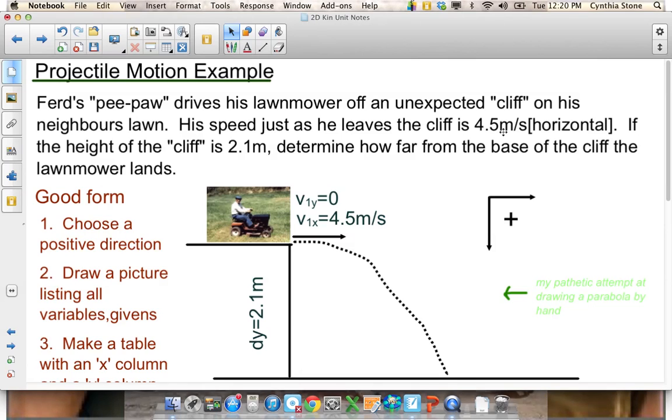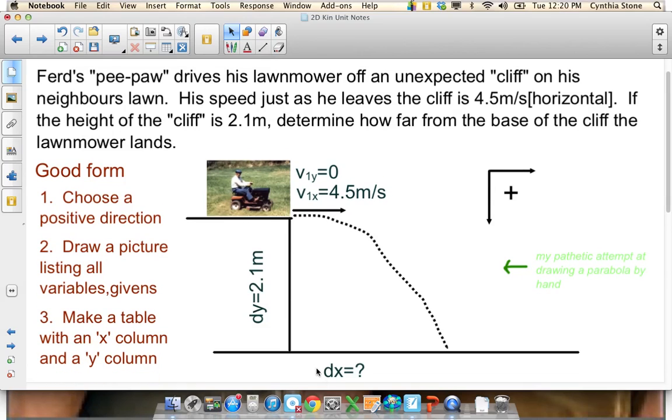So he's driving along at 4.5 meters per second. He's moving horizontally, and then he falls 2.1 meters. That's his dy. And we want to know how far, what's his dx. And you can't see it very well, but I did make a sad note about what a bad job I did drawing that, it's supposed to be sort of half of a parabola, but anyway.